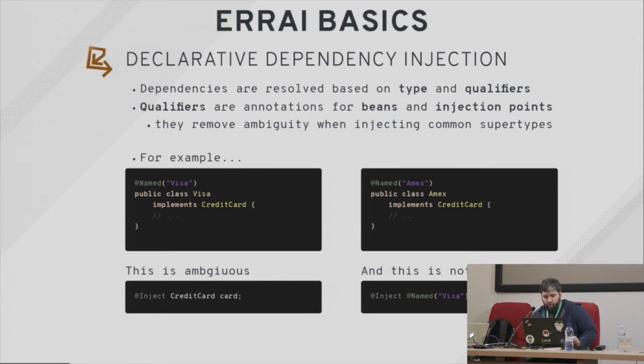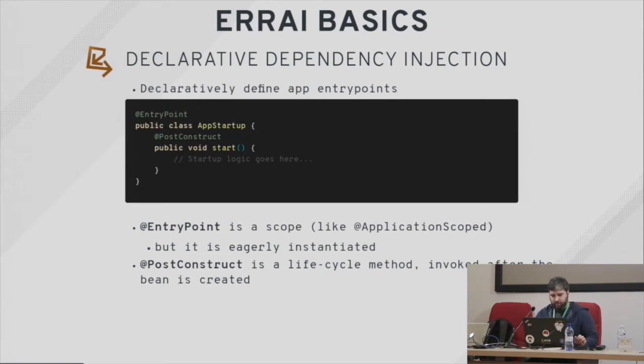So the best way to resolve this is to use a qualifier in the injection point, like on the bottom right, that uniquely identifies the bean that you would like to inject. And this is a nice approach because then we can still inject the type only referring to the interface, so it's still possible to mock out that object in a normal unit test.